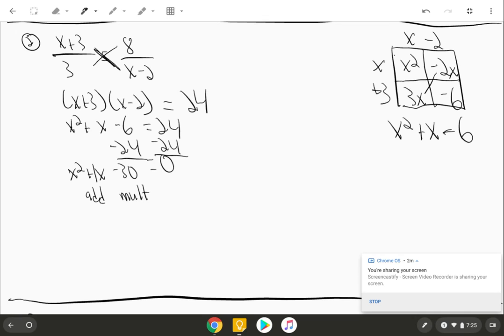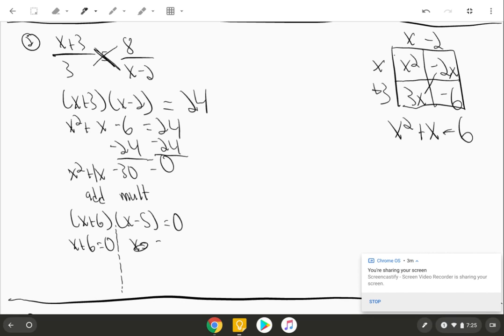If I switch that and make it positive 6 and negative 5, does that work? 6 plus negative 5 is positive 1, and 6 times negative 5 is negative 30. So that indeed works. So the factored form is going to be x plus 6, x minus 5. I can now go ahead and set both of those equal to 0 and solve for x.